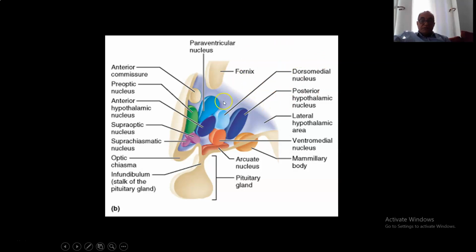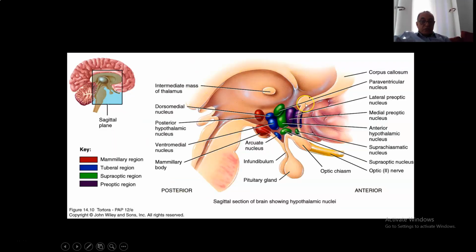And this is the arrangement of the different nuclei of the hypothalamus, and we will discuss the function of each of this group of nuclei very easily. As we said, they are 11 nuclei. We can see it here. These are 2, 3, 4, 5, 6, 7, 8, 9, 10, 11.